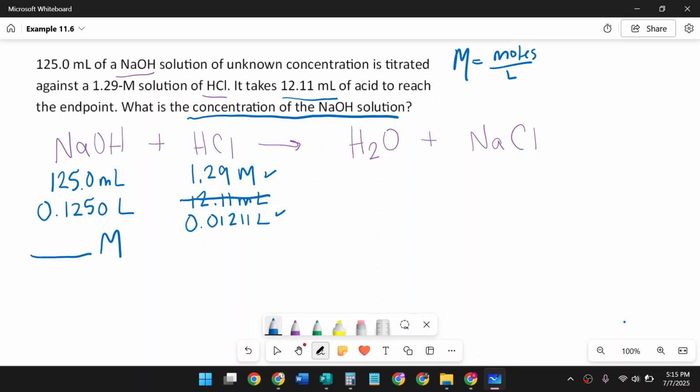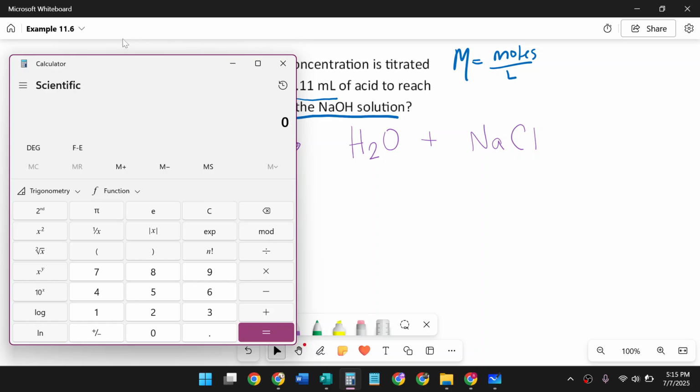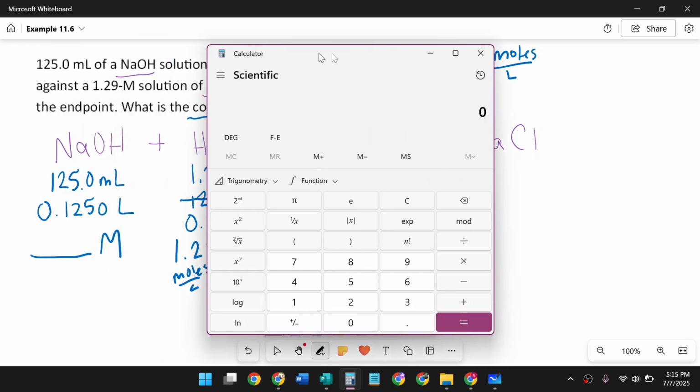So let's start there. 1.29 equals moles divided by 0.01211 liters. I probably should have put my units on the other side. Moles per liter. All right, when we multiply both sides by 0.01211 liter, that'll cancel out our unit liters and leave us with just moles.